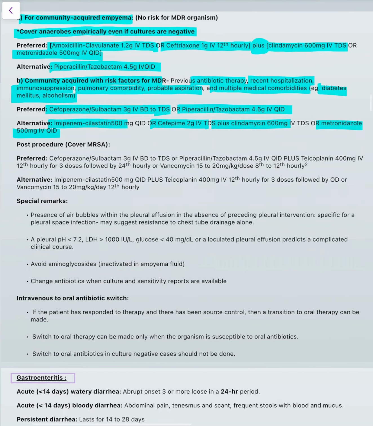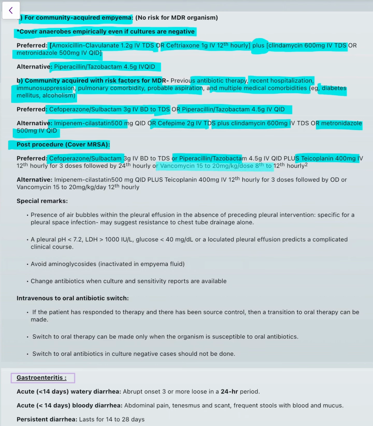And those patients with empyema who are post procedure, suppose a diagnostic pleural tap you have done and after that the patient has developed the empyema. For those cases, preferred antibiotics are cefoperazone-sulbactam or piptaz, and teicoplanin we are adding here, or vancomycin.